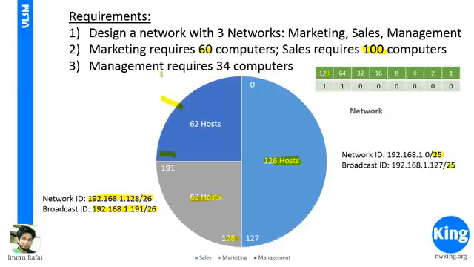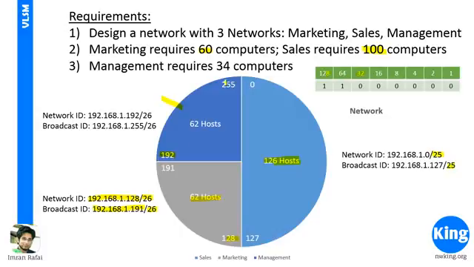Next we go to the management department. The management requires 34 computers. We can't borrow 3 bits, because in 3 bits we get only 30 valid hosts. If you see here, 32 minus 2, we need 34 hosts, so we leave it at 2 bits borrowing. And we know the next IP address is 192.168.1.192, and since it is 2-bit borrowing, it's a block size of 64.